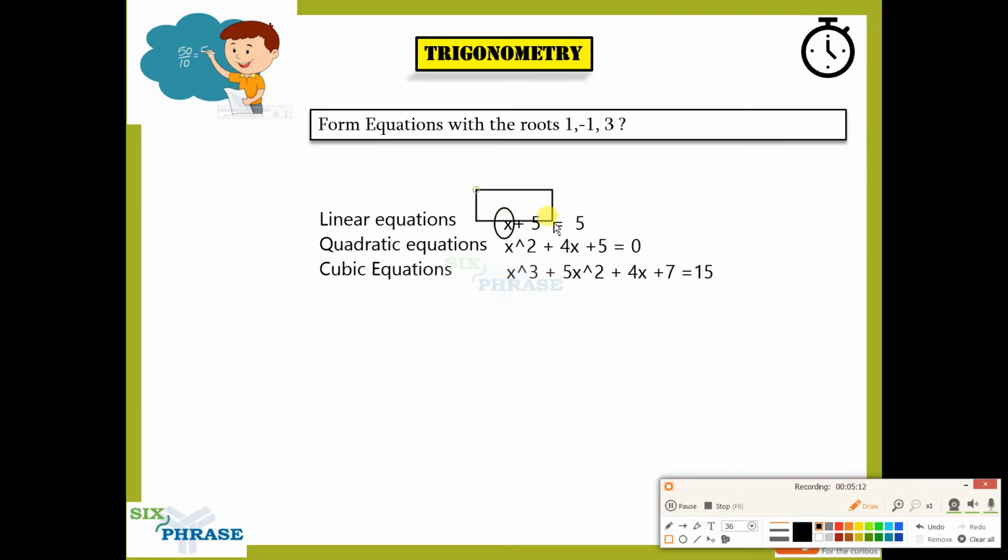For this equation to be satisfied, what should be the value of x? There can be only one value of x which satisfies this equation, and that value is 0. If the x value is 0, then the expression becomes 0. So x equal to 0 is what I call the root of this equation.